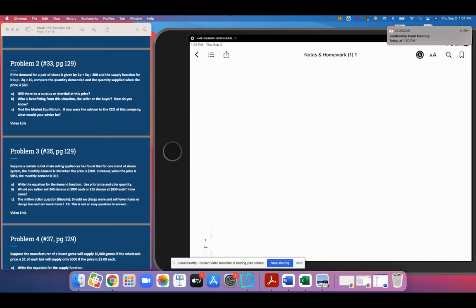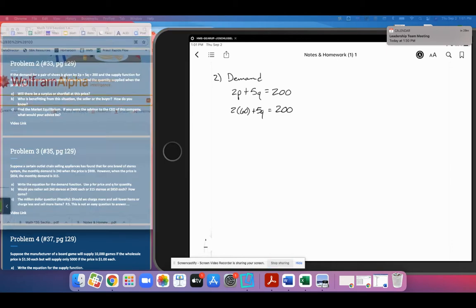And so let's take a look at demand. In the instance that price is set at $60, we have demand is 2P plus 5Q is equal to 200. And if we were to put $60 in for the price, we would have 2 times 60 plus 5Q equals 200. I'm going to go ahead and give that to Wolfram, everyone, and we will see what comes out of that.